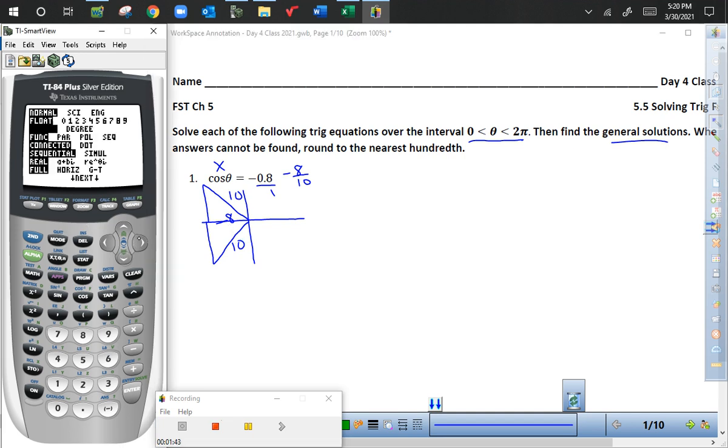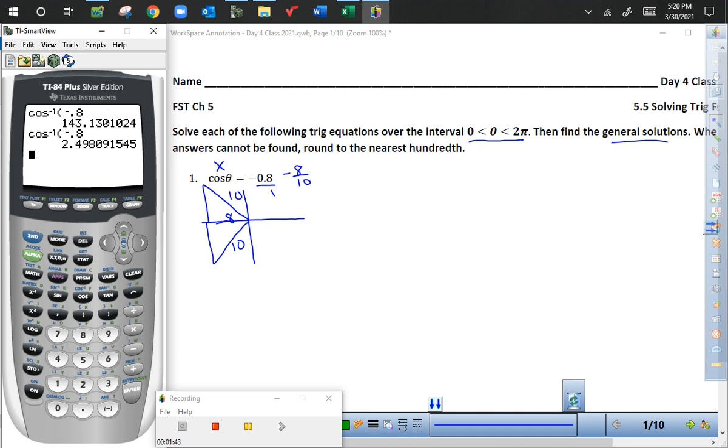Now I'm actually going to show you what the degree is here first, just to convince you that that's true. Using the inverse cosine for this one, we have -8/10. Just put -0.8 there. And it gives us this ugly angle. You can write that down and convert by hand, but since we're just typing this in, it's just as easy to change that to radian mode and hit enter for our first answer.